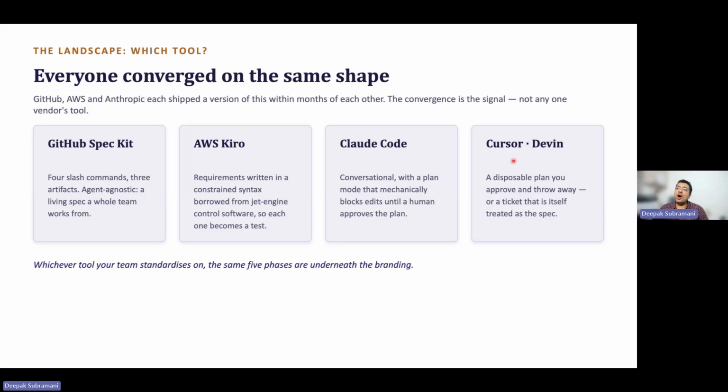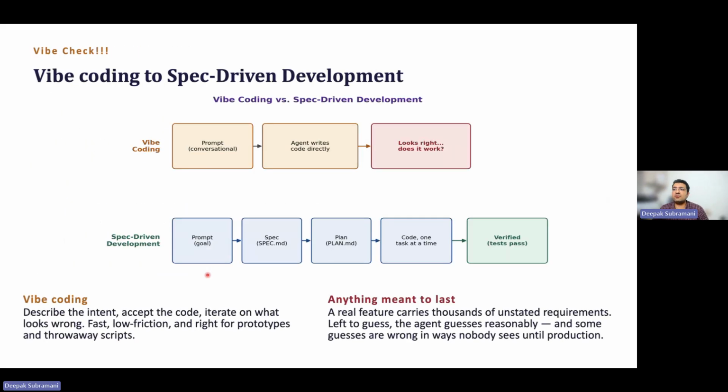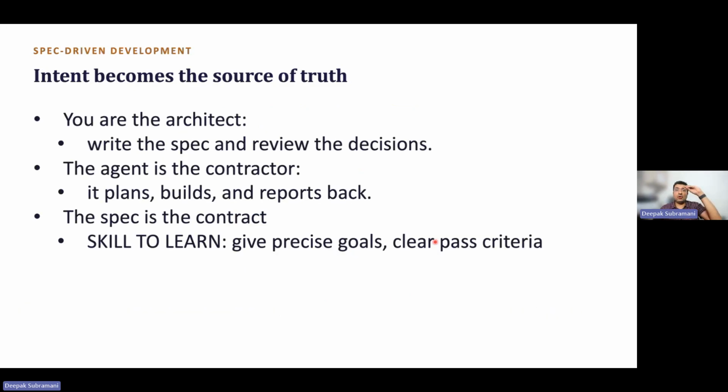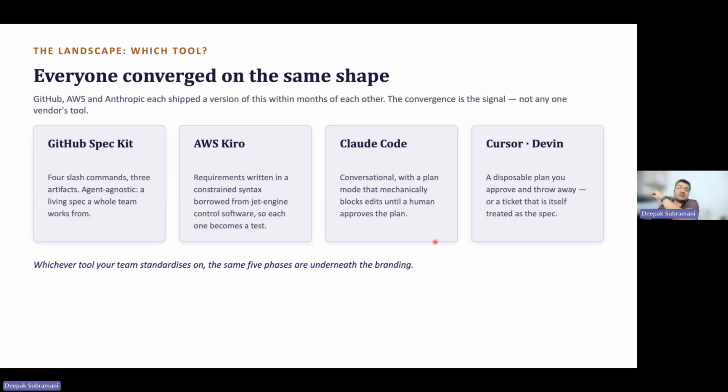Cursor, Devin. All of these folks have different tools that standardize on the 5 phases that I described: prompting, specification, planning, coding, verification. Those 5 phases are what we have to now learn. Each of these tools implements the exact same principles of specification-driven development, which is the scientific way of doing agentic AI coding.